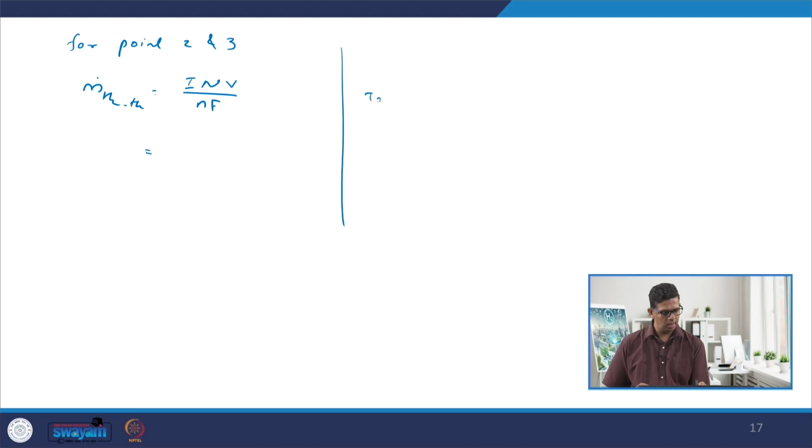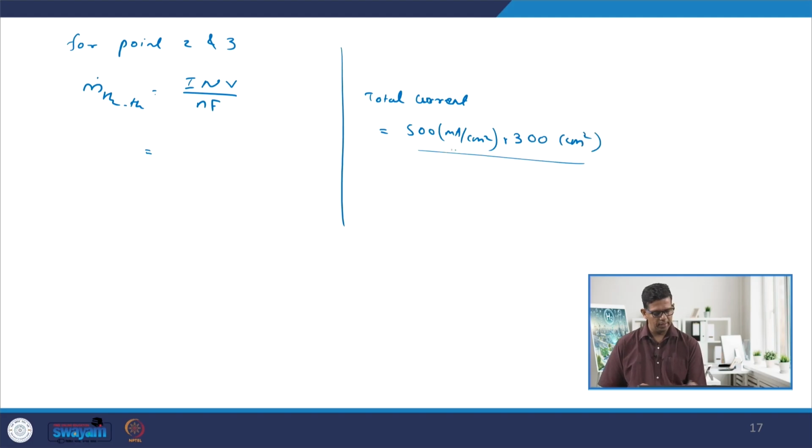So, total current, let me write it here, is current density, which is around 500 milliamps per centimeter square, multiplied by the area of one cell, this is in centimeter square, divided by 1000, that will be in amperes.